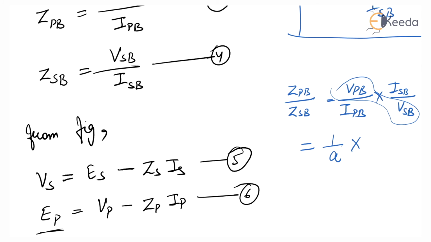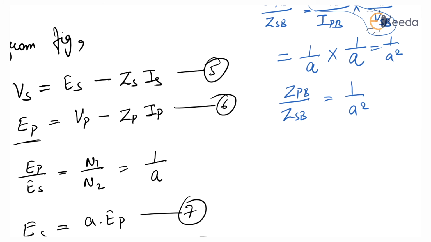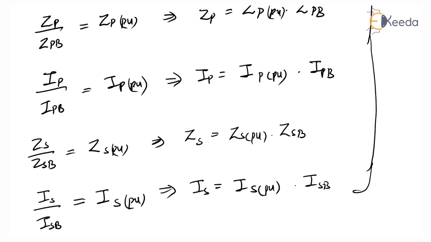So you know that the primary voltage to the secondary voltage ratio is 1 by A, and primary current to the secondary current is A. So ISB by IPB is 1 by A, because primary current to secondary current is A and secondary current to primary current is 1 by A. So this is equal to 1 by A square. So ZPB upon ZSB is equal to 1 by A square.